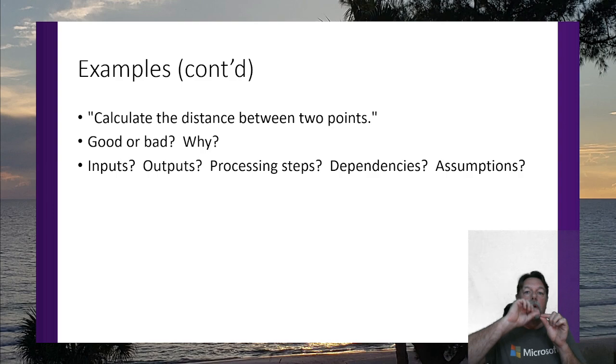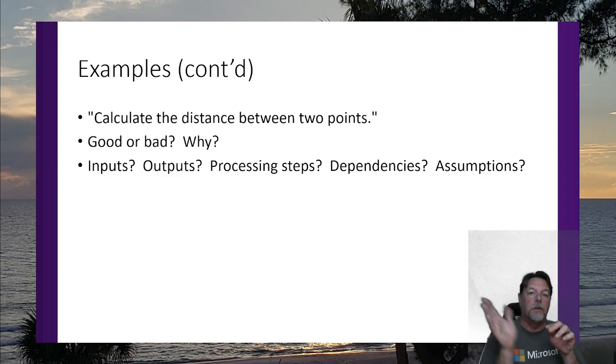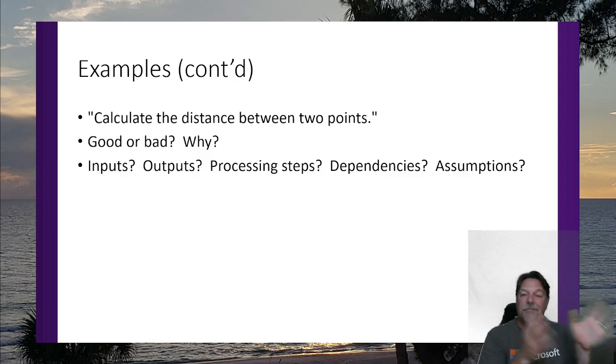If you're calculating the distance on a globe between 2 points, there are many different angles that you could take, and each one of them is going to produce a slightly different distance. So even the word distance needs some clarification there. So it sounds very similar, and you might mistakenly think that, yeah, that's not a bad one, I can go into the next room and get started on the problem, but this one really looks like the kind of problem we need to ask some clarifying questions about.